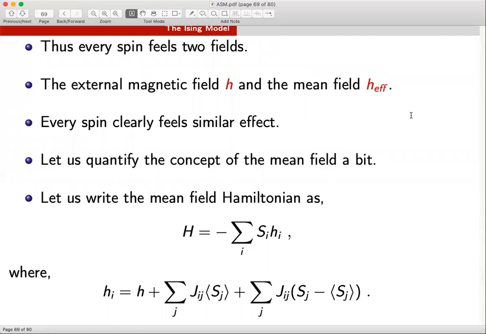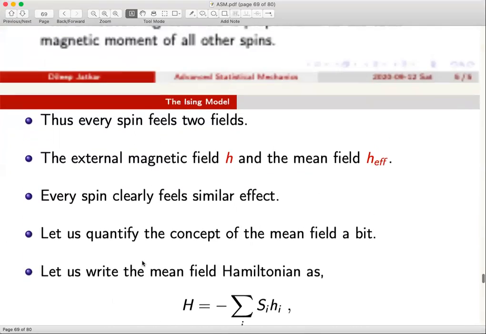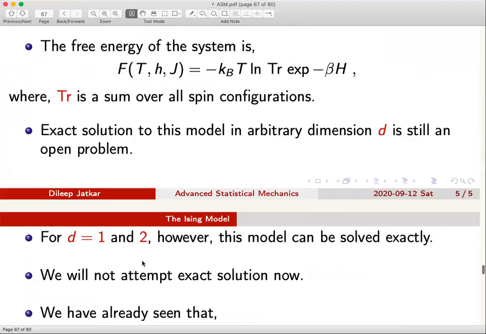So in some sense, the Hamiltonian that we had written down was a sum over Si times Hi, and earlier we wanted to set Hi to be just some constant. Now this Hi won't be constant. The reason is that there is a constant piece coming from the external magnetic field, which is what is written as H here. But then there is an averaged contribution. So you take this interaction.